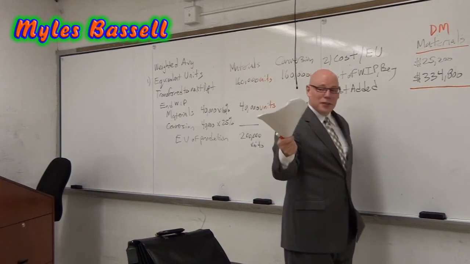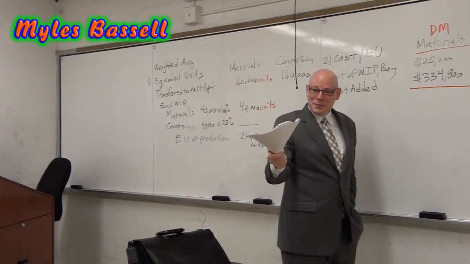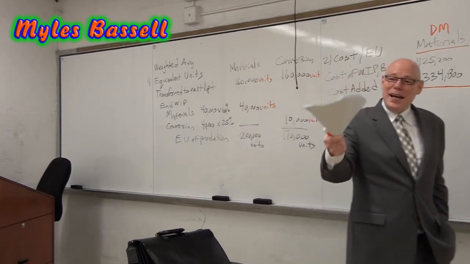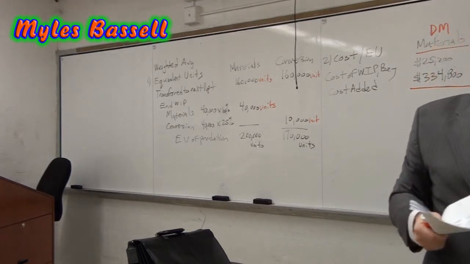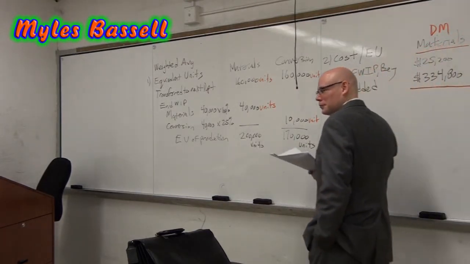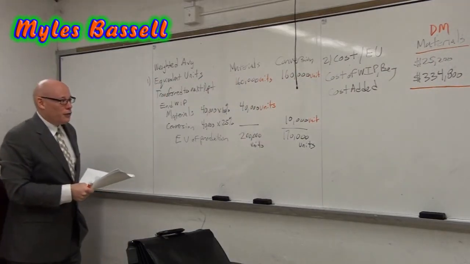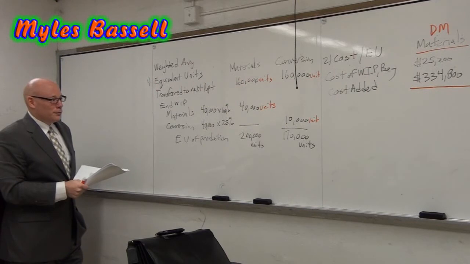And what does that mean? It's the cost of the plastic that we used that period. Right, so this is the raw materials, direct materials. This is how much raw materials we use in this period.